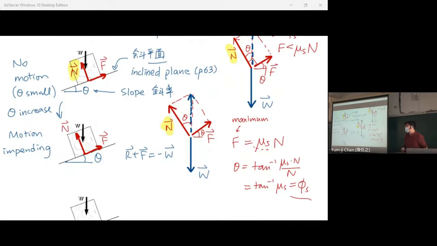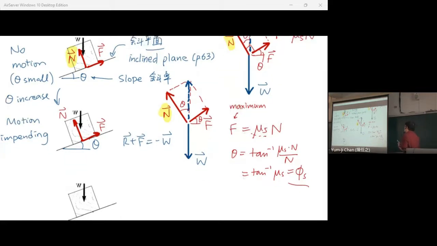So this angle, where it is still at rest but motion is impending, theta is equal to arctangent of mu s. The concept of angle of friction is actually just another way of saying friction.